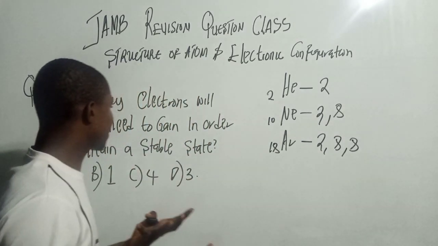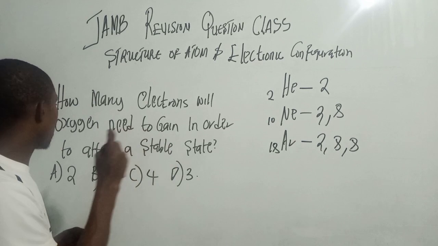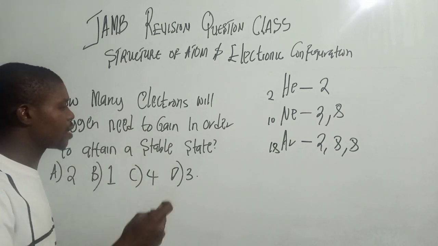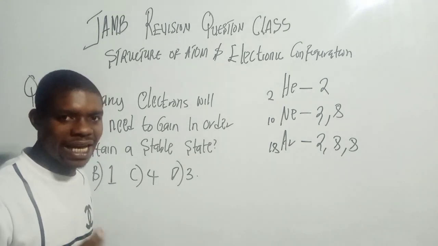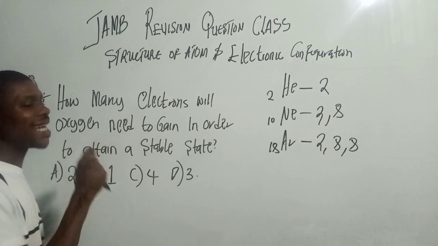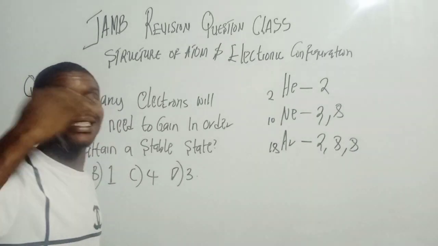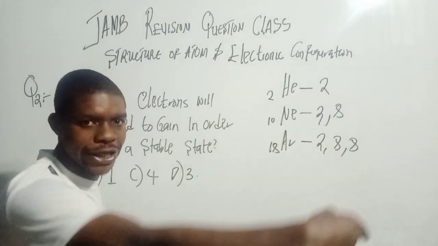So when we talk about how many electrons oxygen will need to gain in order to obtain the stable configuration, what I'm saying here is: how many electrons will oxygen gain in order to obtain the octet configuration? Do you get that?